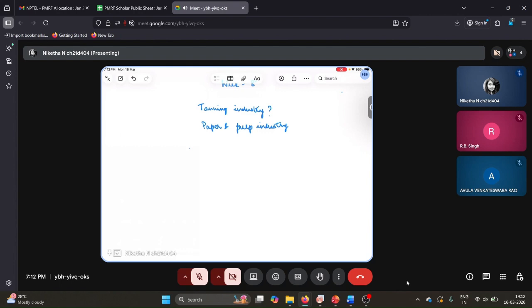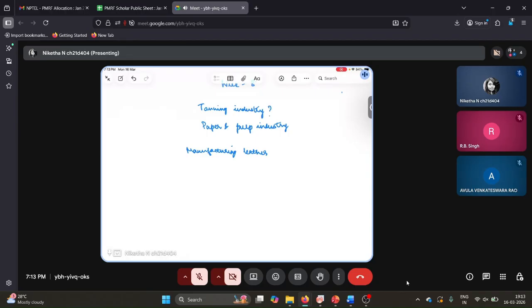Okay, so the tanning industry is used for manufacturing leather. Leather is manufactured by processing raw animal hide, which is the raw material for this industry.